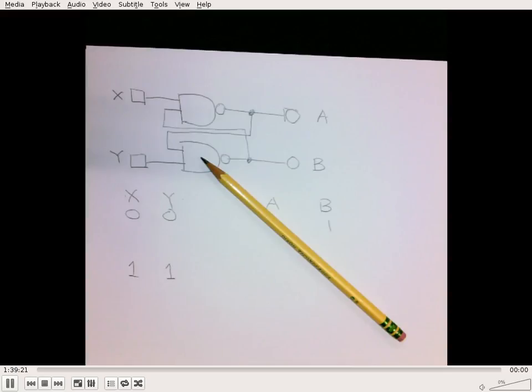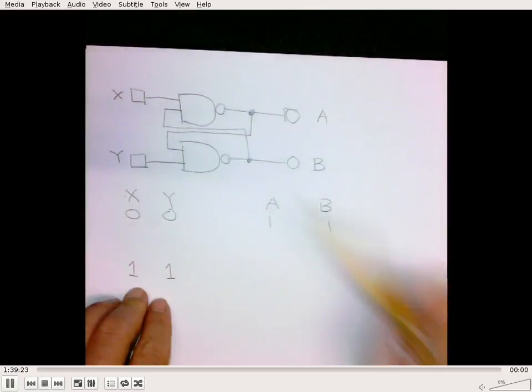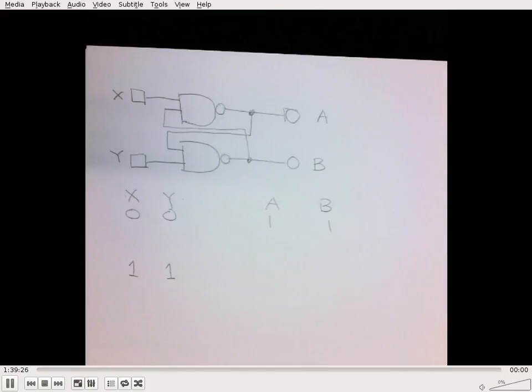So if X is 1, Y is 1, I can only say that the circuitry will maintain A and B the way they were. It cannot change. Whatever the state was before, it has to maintain that state.